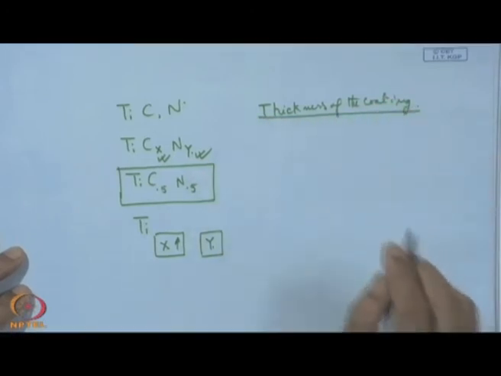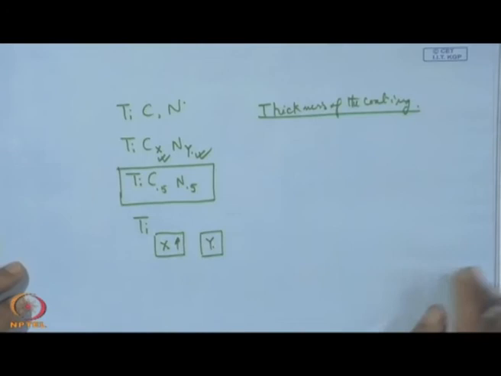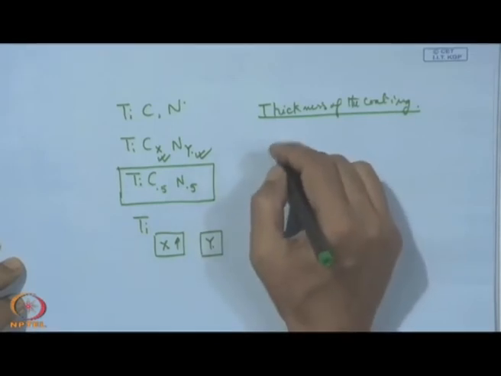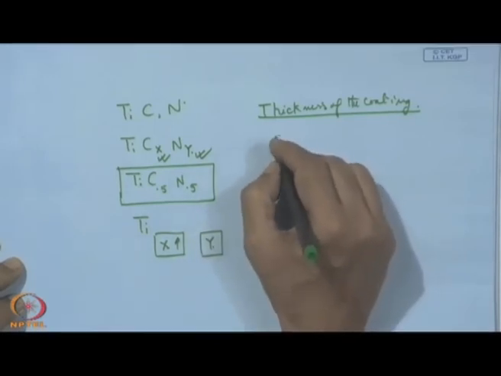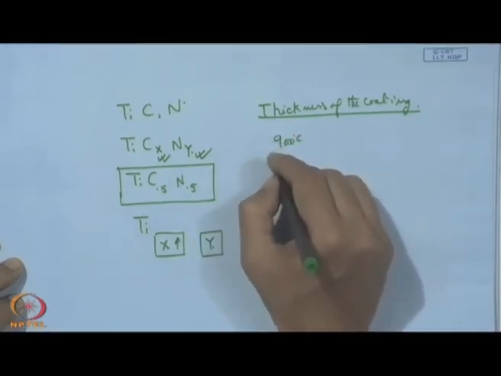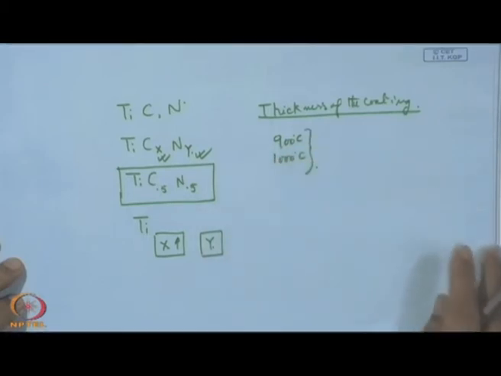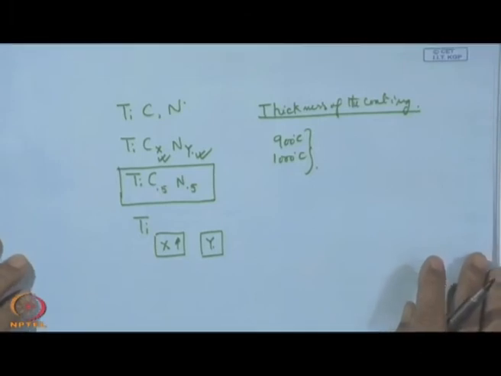Thickness of the coating is a very important issue, because in conventional CVD using temperature in the range of 900 to 1000, our experience is that hardly can we keep the coating more than 5 micron, hardly it goes to 6 to 10 micron.